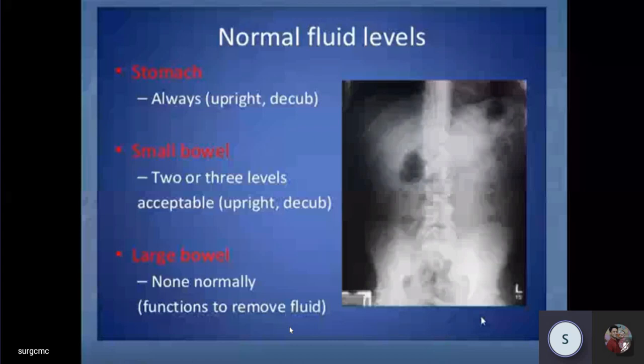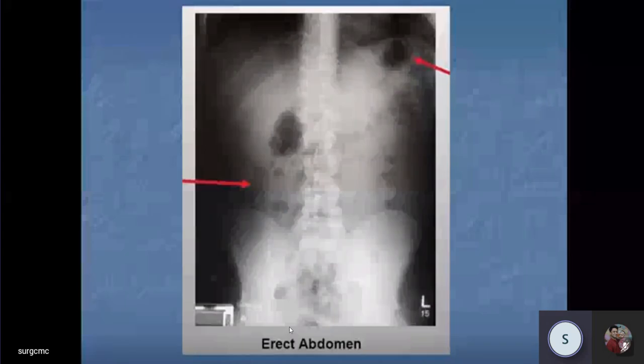So if you are asked how many normal air fluid levels are acceptable for an individual, up to two or three. One consistently at the gastric fundus. Secondly, it can be in the small bowel, two or three maximum, usually none in the large bowel. If you get more than that, you suspect a case of intestinal obstruction. These are the normal air fluid levels you can see.